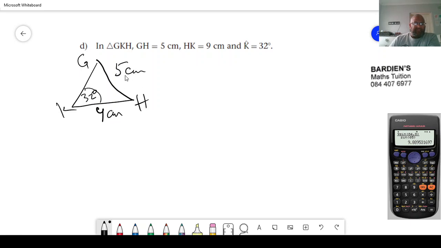As you can see, the shorter side is opposite the given angle. So in that case, we're going to use the ambiguous solution, where two triangles can be constructed.